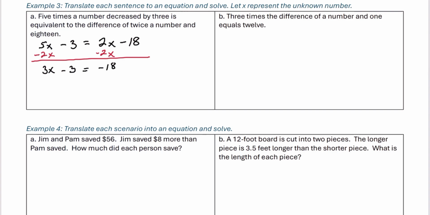Since we moved the x terms to the left side, we need to move the constants to the right side. To do that, we'll add 3 to both sides. 3x equals negative 15. Finally, we can divide both sides by 3, and we'll get x equals negative 5.